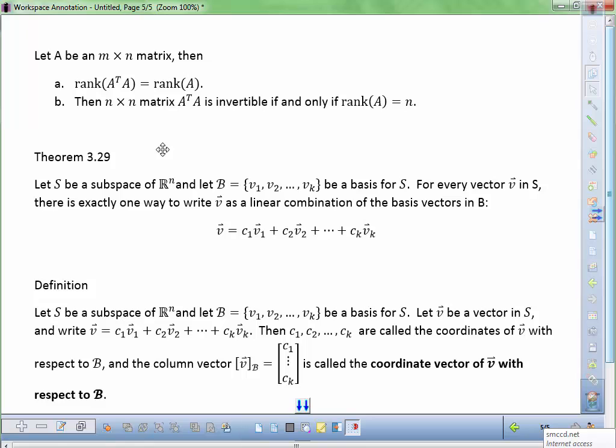Theorem 3.29 says that for a subspace of Rn with k vectors, v1, v2, all the way up to vk, if that's the basis for the subspace, then any other vector in that subspace can be written as a linear combination of these vectors. Now that's one of those ideas that we already talked about in detail.